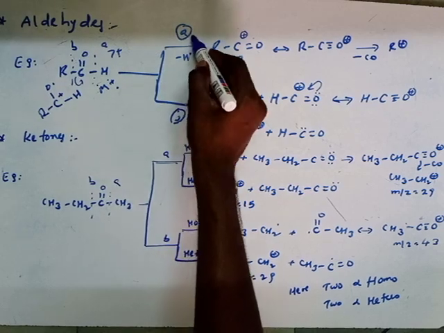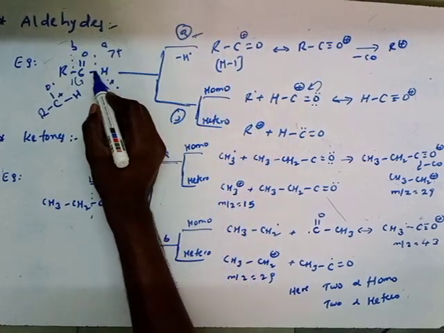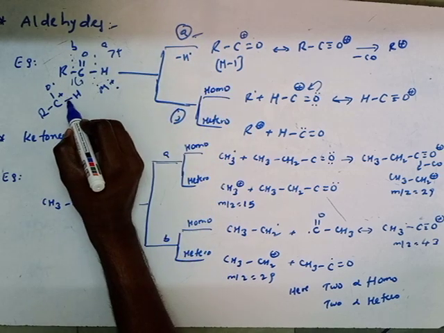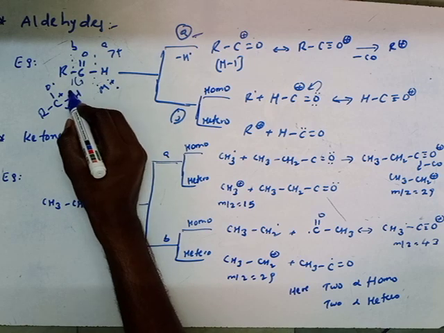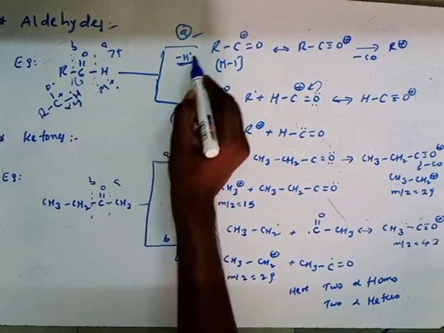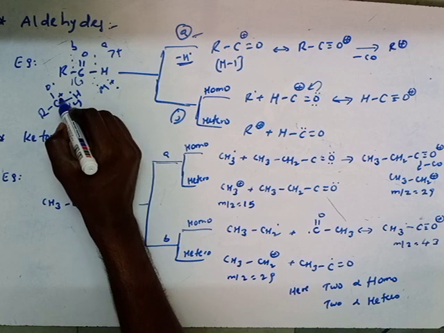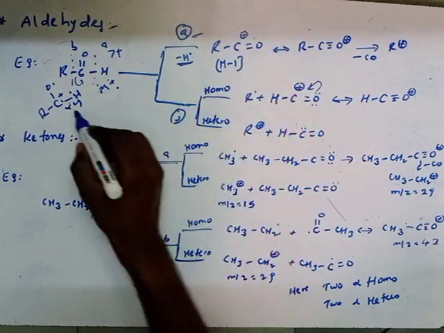Now we are discussing A type. A-type cleavage undergoes homolysis, homolytic cleavage. Here the H radical is removed, and it also has one electron, right? This electron combines to form a double bond, C double bond, and here is the positive charge.